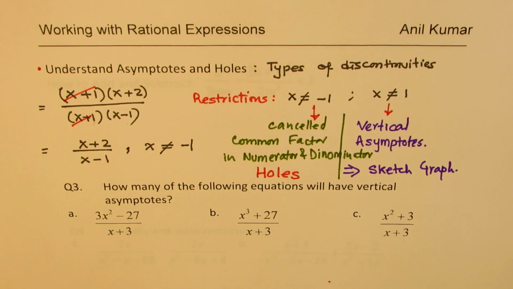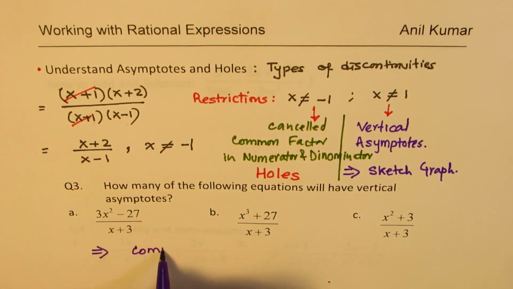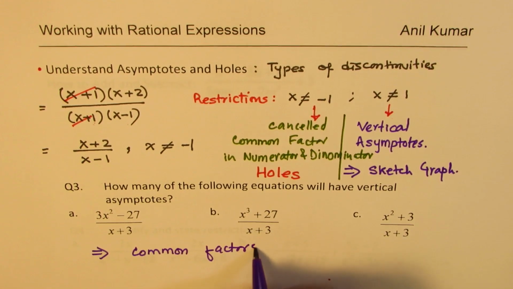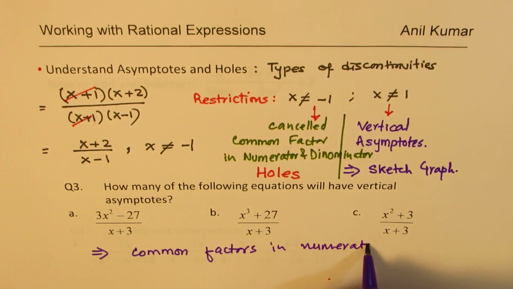There are 3, right? So you may have to work a bit, understand this, and what are you checking here for? You are checking for common factors in numerator and denominator.